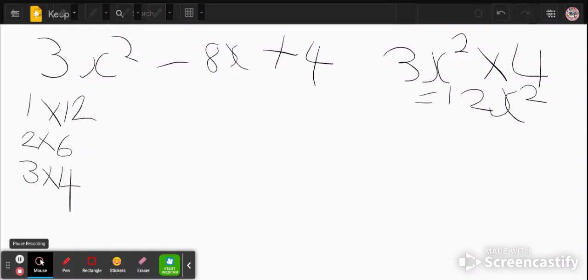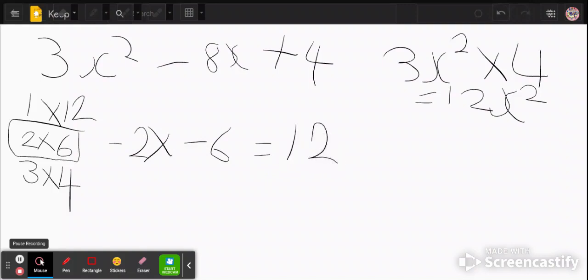All right. So 2 and 6 is most applicable, right? So what we need to do is to change them into negatives, because negative 2 times negative 6 will give you positive 12.